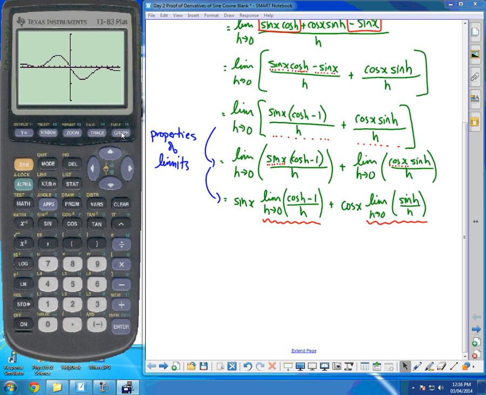We could investigate what the function itself does, and that would take a while. But all I'm really interested in is the limit as h approaches 0, or in this case, x approaches 0. So I want to really investigate what's happening around the 0. Remember, when we're investigating limits, we have to investigate the left side of the limit and the right side of the limit.